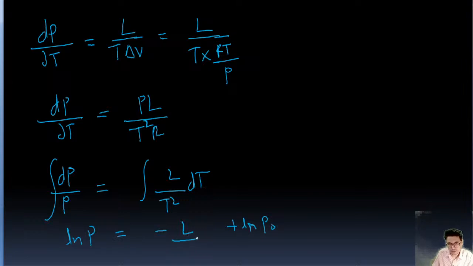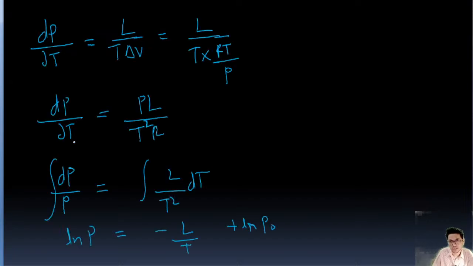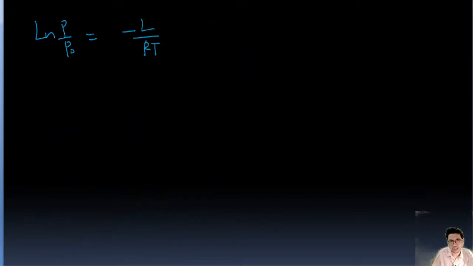We have integrated it and added one constant. So from here, by log property, this is ln of P upon P naught equal to minus L upon RT.